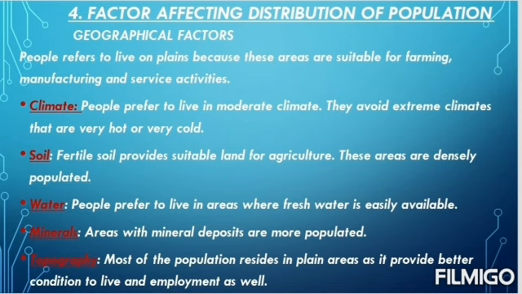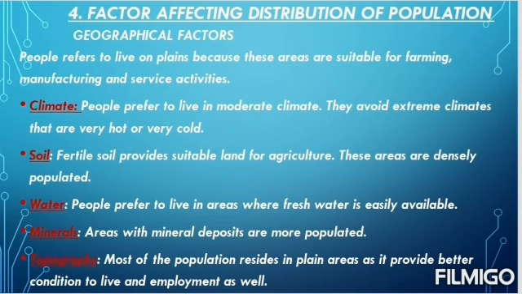People prefer to live on plains because these areas are suitable for farming, manufacturing and service activities. The first geographical factor is climate. People prefer to live in moderate climate. They avoid extreme climates that are very hot or very cold.